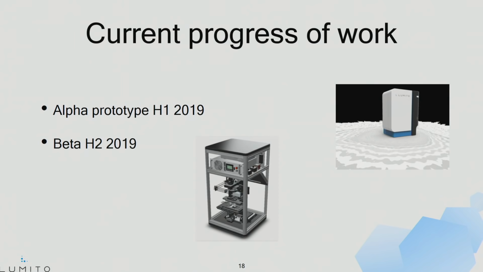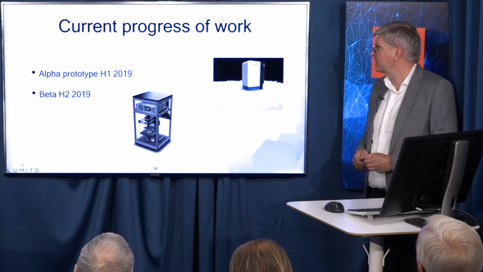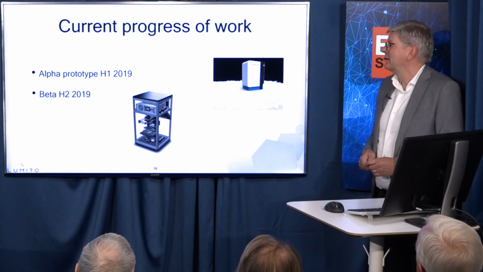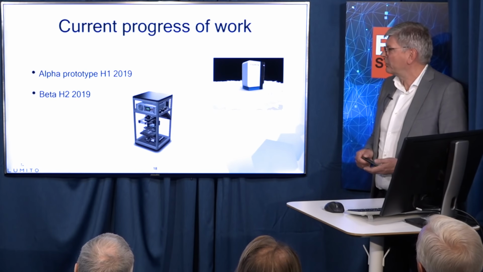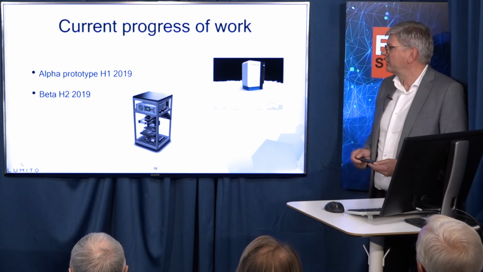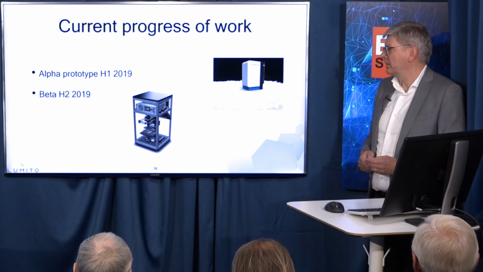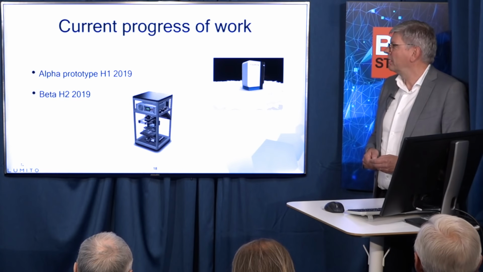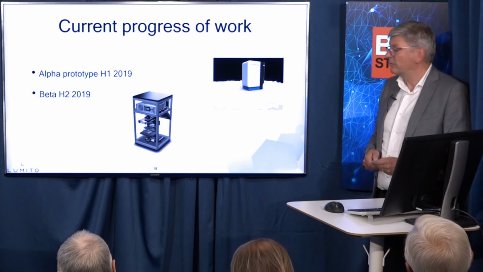So this is just some pictures of the alpha prototype we have built, and this is an indication of how it can look in Q1 next year. The alpha prototype is ready now, and the beta will be at the end of Q3, and then we are going for approvals and production.